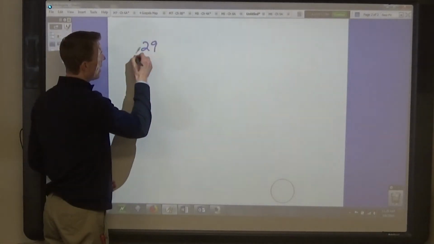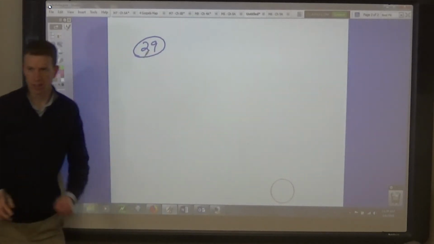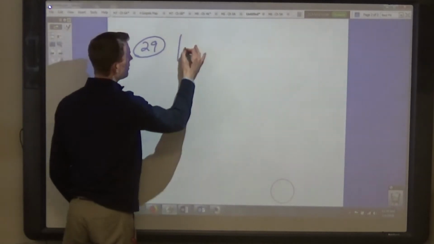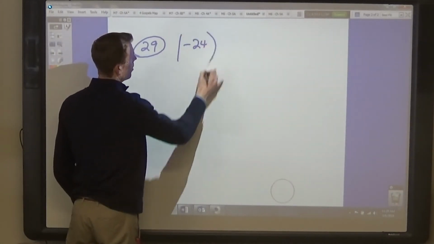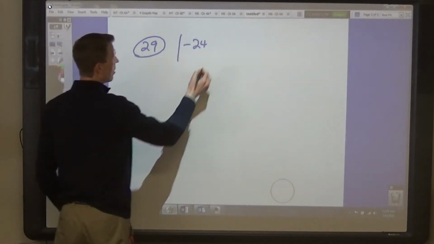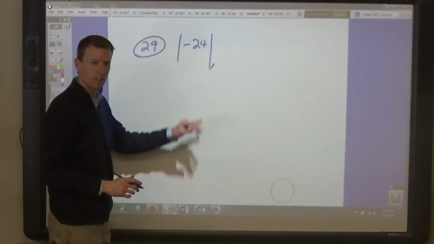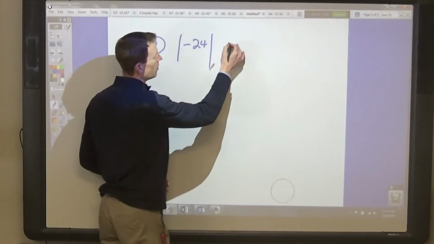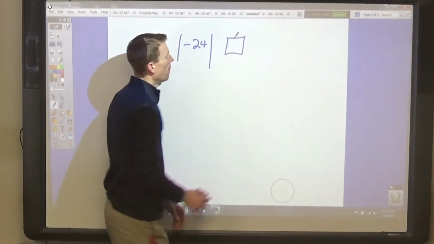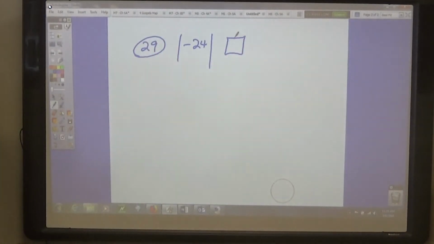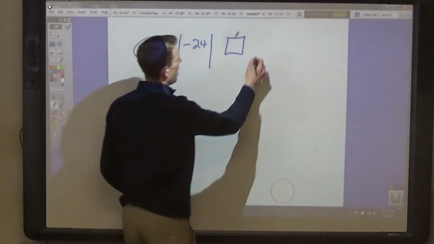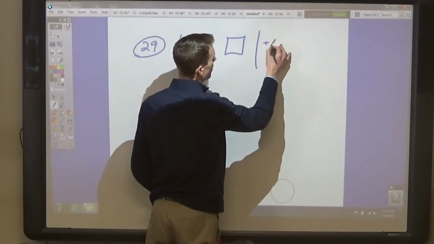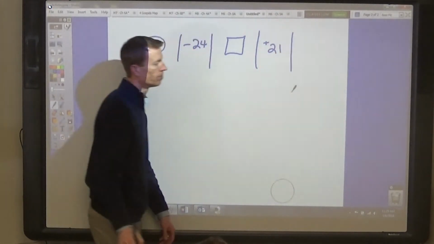Number 29 has the absolute value bars. And so, in this case, we're not talking about the value of the number, we're talking about the number of spaces. The absolute value of negative 24 versus the absolute value of positive 20.